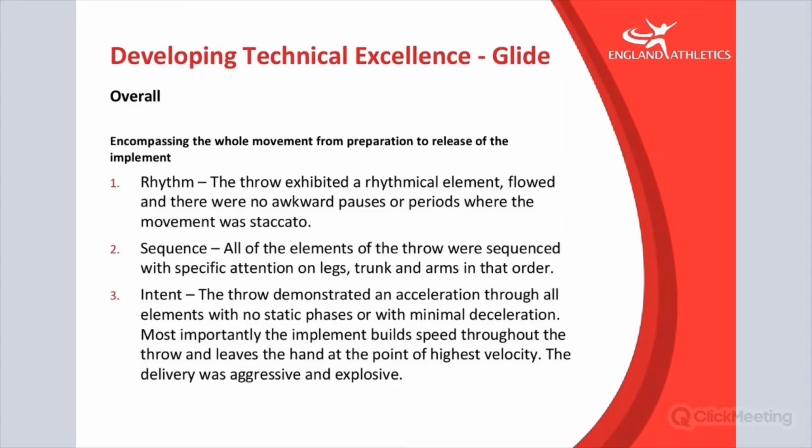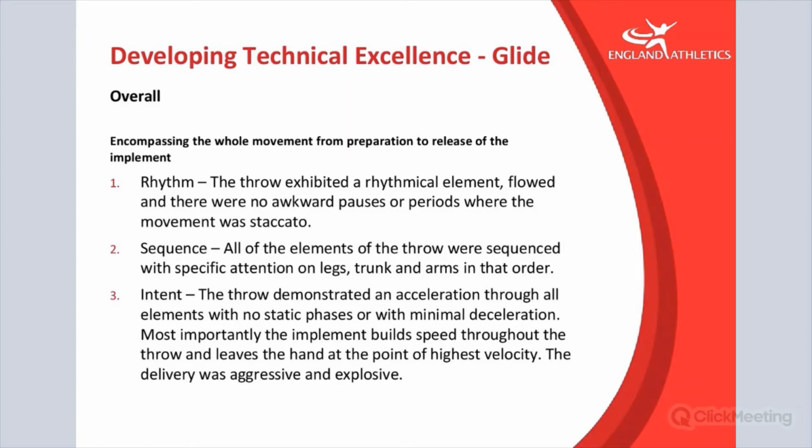Encompassing the whole movement. So when we first created these frameworks, we did a lot of work on what the individual phases actually meant, and how would we try and capture something that doesn't actually talk to a style, but talks to fundamentals that a style can be pushed around.